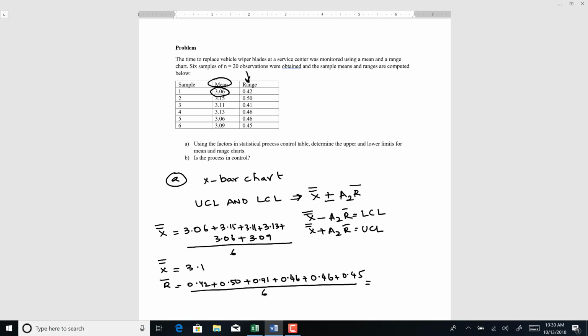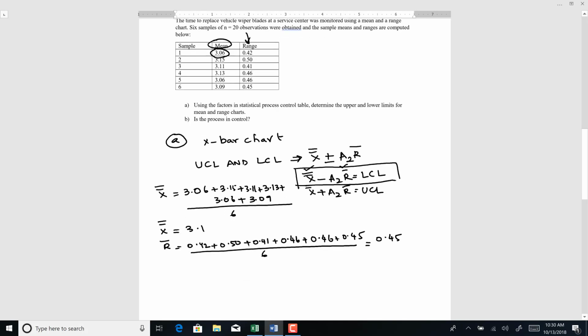If you calculate this, you will get 0.45 as your range. Now I have X double bar and R bar in this formula, I need A2.